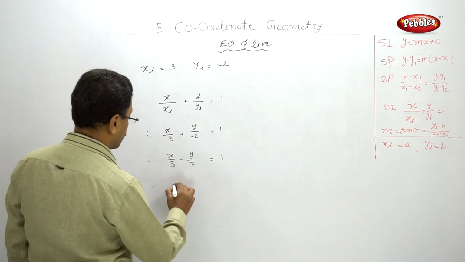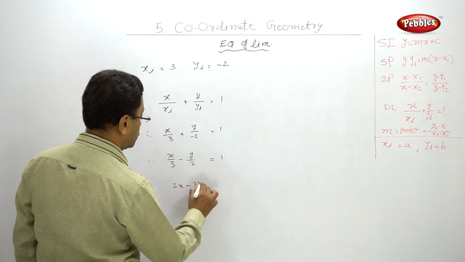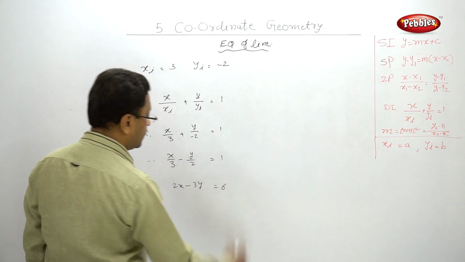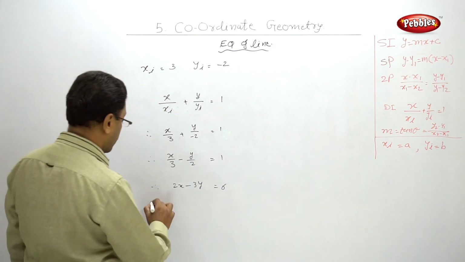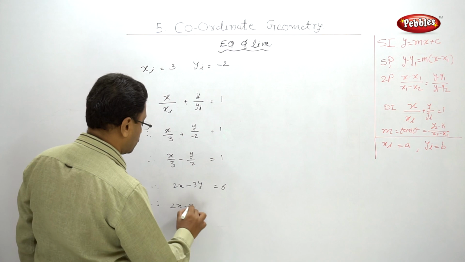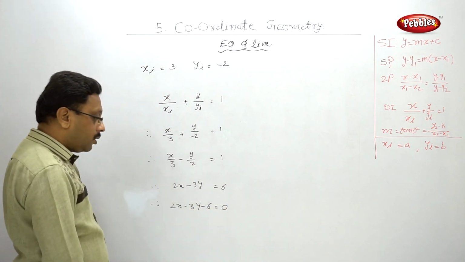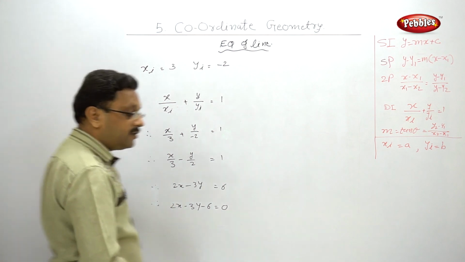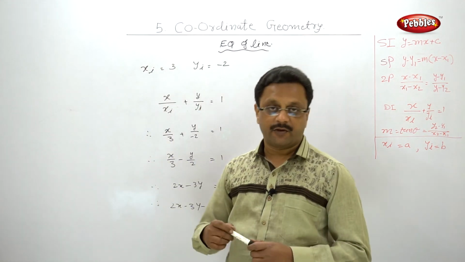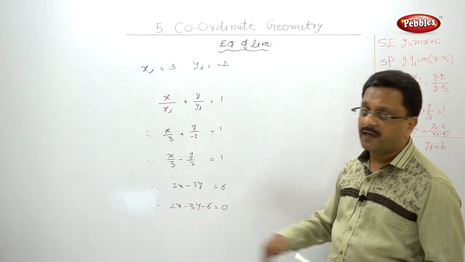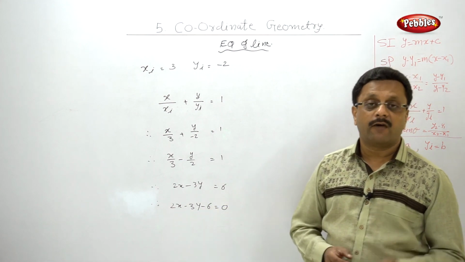That is 2x minus 3y upon 6 equal to 1. So I'll take this 6 there. And finally we have 2x minus 3y minus 6 equal to 0. Or we can further simplify it. If not, just keep it as it is, that 2x minus 3y minus 6 is the required equation.